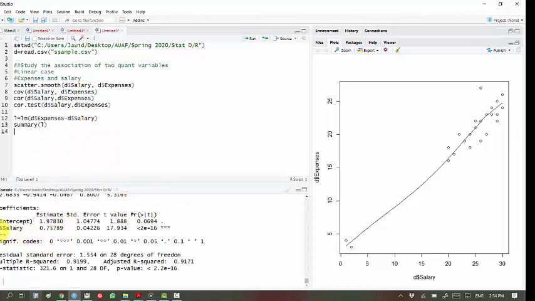Interesting for the time being for us is the estimate of the intercept and its p-value, and importantly the estimate of the coefficient of salary and its p-value. Actually, the model being predicted is as follows.